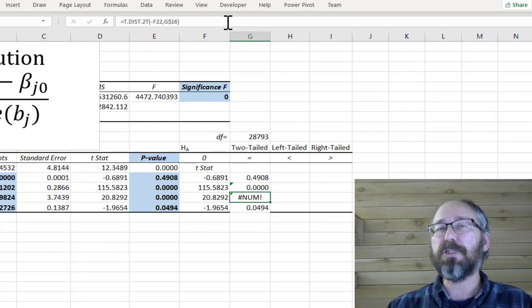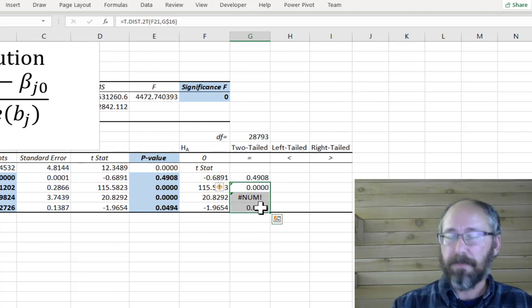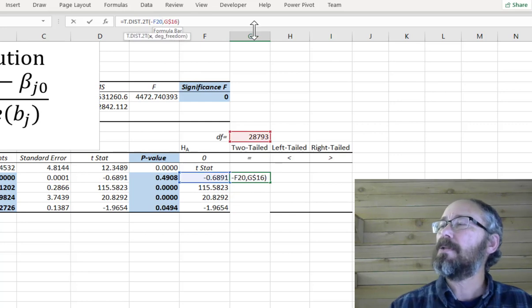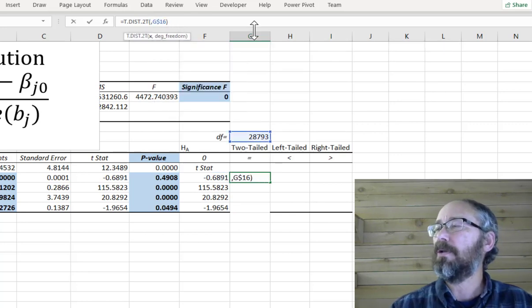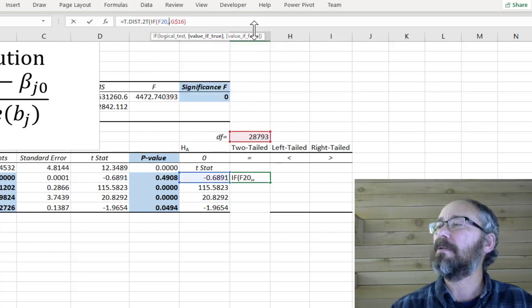Maybe that someone else you're sharing it with is your future self. 6 months from now, when you come back to this, you've forgotten that detail. And that happens. So let's talk about how to fix this and fix it the right way. We're going to use an if statement inside of this. So instead of just looking at F20, we're going to say if F20 is less than 0, we want a negative F20.